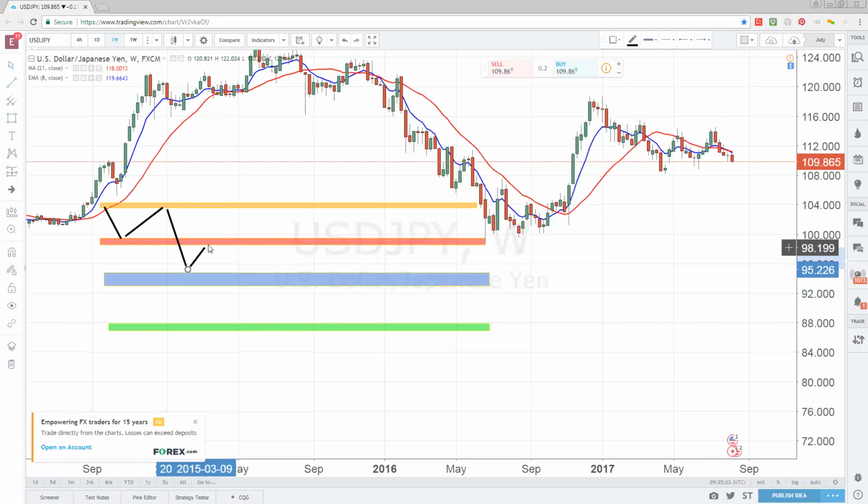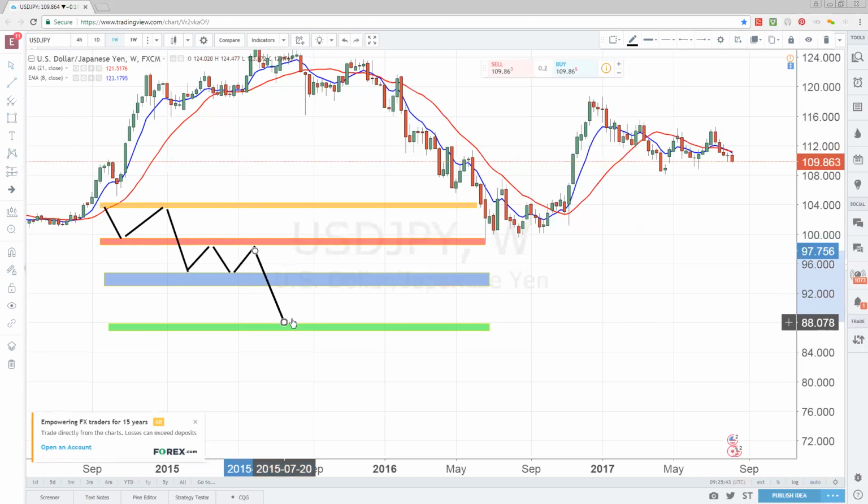So the same thing, couldn't break through this level again. It was still ranging, went up again, and finally broke through. So what is happening here? What do we see?